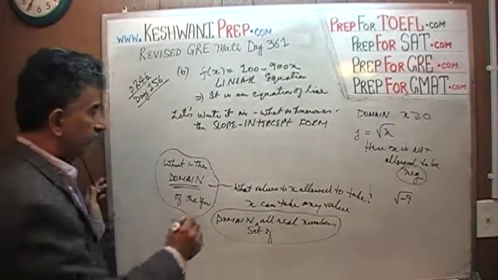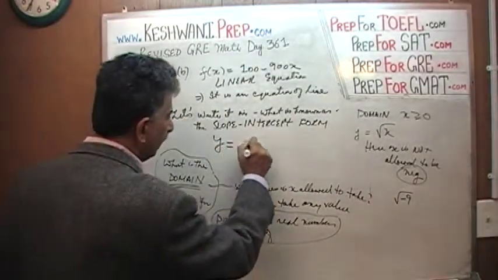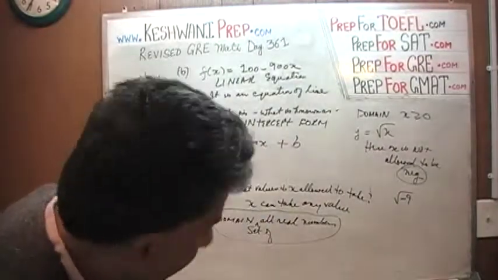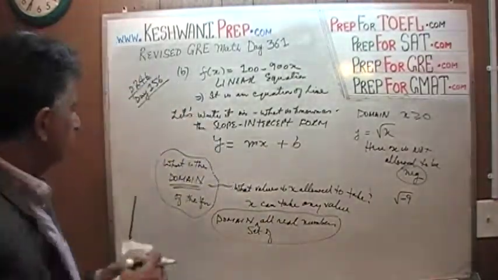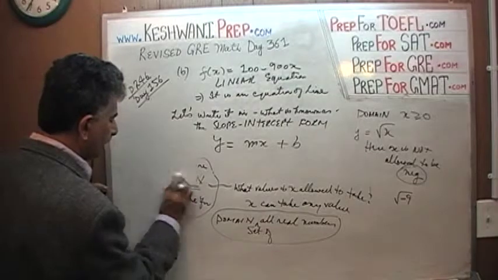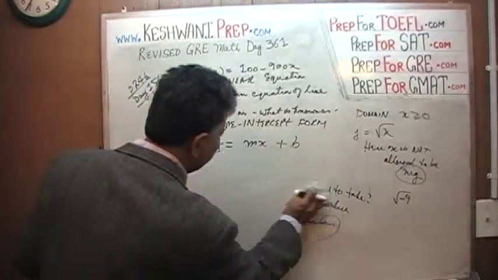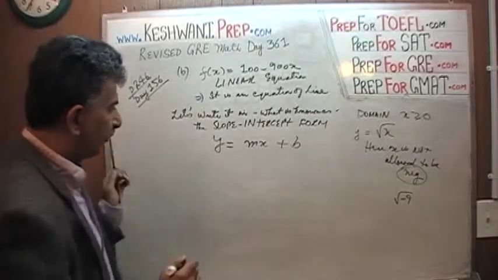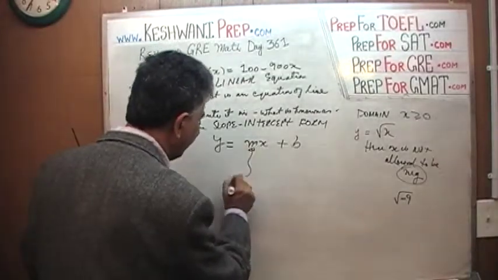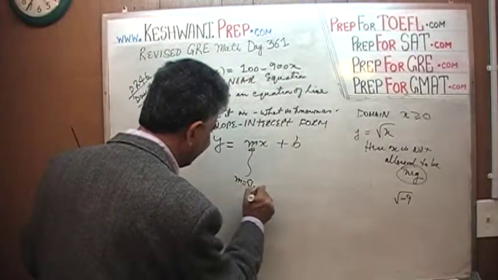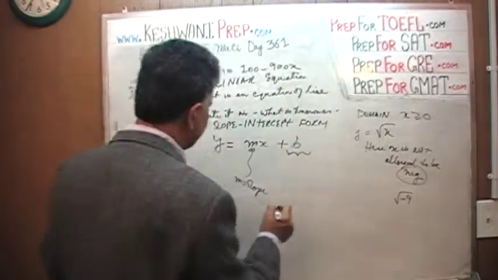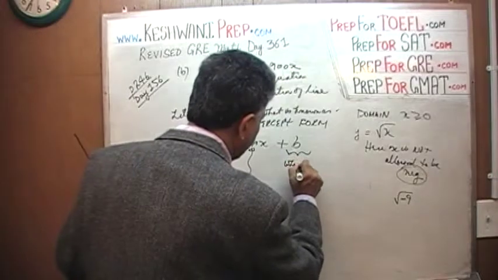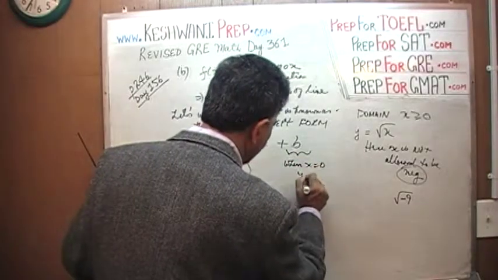And the slope-intercept form looks like this. y equals mx plus b. And when it is written in this form, the m represents the slope. M is the slope. And this b here is the value of y when x is equal to 0. When x is equal to 0, y equals b.